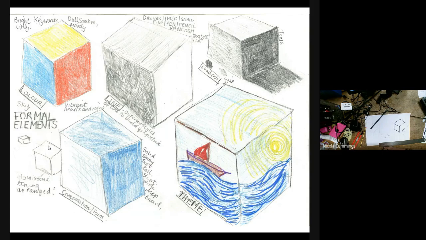So you've got color might be illustrated by different types of color. You might be able to use some keywords like bright and lively or dull, somber and moody. Whereas for line, you might find yourself using a pencil to create some textures on all 3 sides of your box. You may find yourself explaining what you've done along the edge.